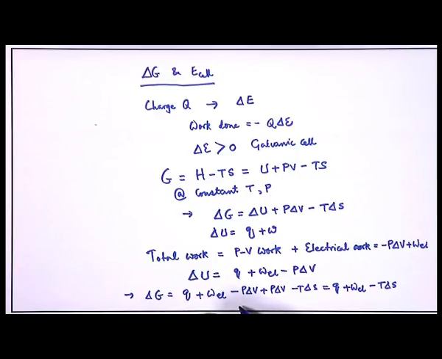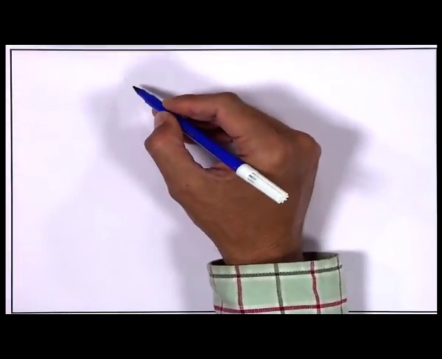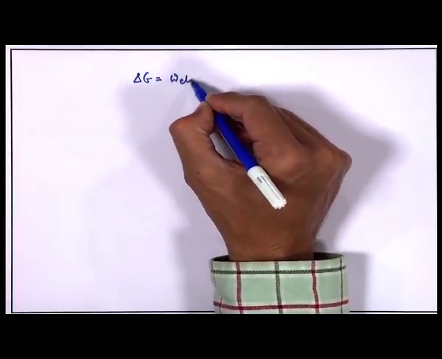Under the limiting condition for a galvanic cell, Q is equal to Q reversible, which is equal to T delta S. Therefore, if we plug in this information, we come up with delta G equal to W electrical.